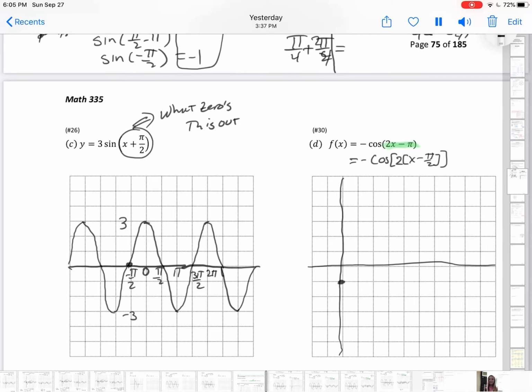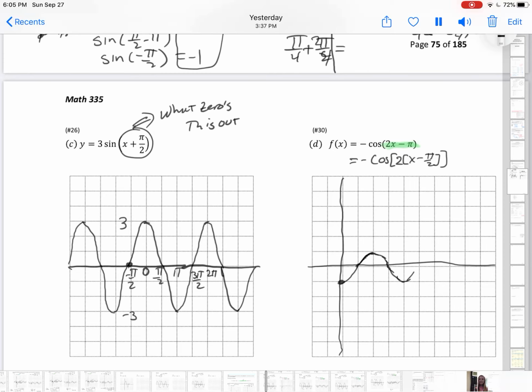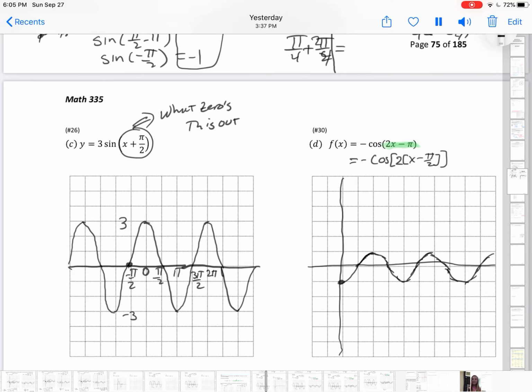So here's where it's going to start. It's got to go up from there, up to the height of 1. Then it's going to come back down to a -1. Then it's going to come back to the 0 line, up to 1, down to 0, down to -1, up to 0, up to 1, up to 0, up to 1.